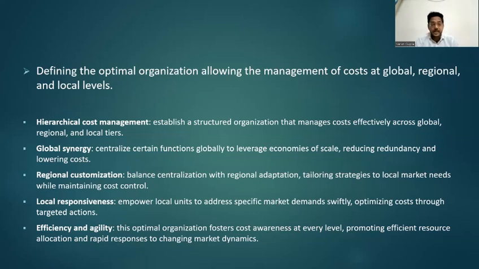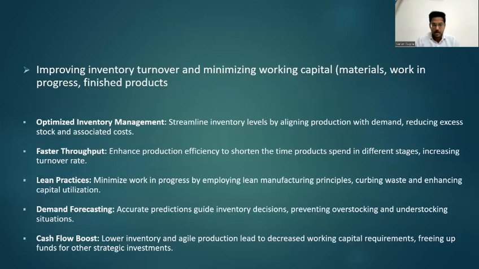We can balance centralization with regional adaptations. We can empower local units to address specific market demands swiftly, and we can optimize the organization so that we can promote efficient resource allocation and rapid responses to the changing market dynamics.